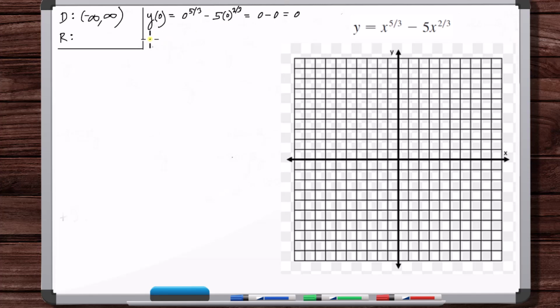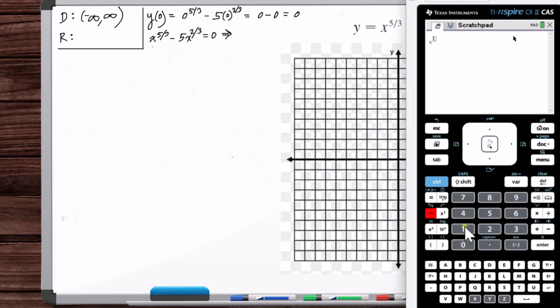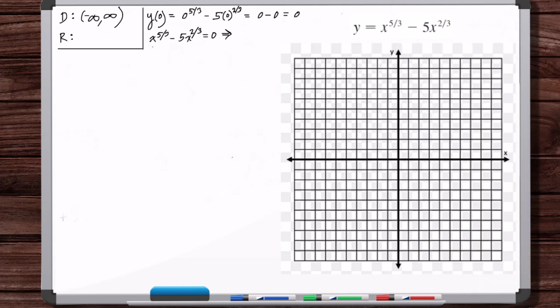So now let's set y equal to 0 and solve for x. So we've got x to the 5/3 minus 5 times x to the 2/3.